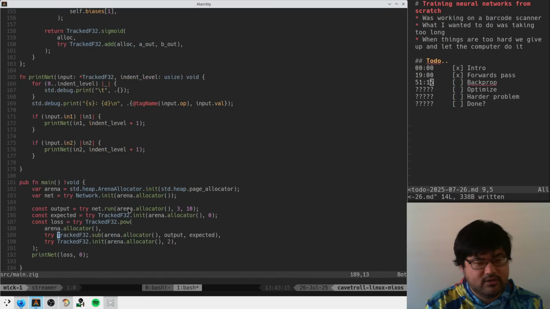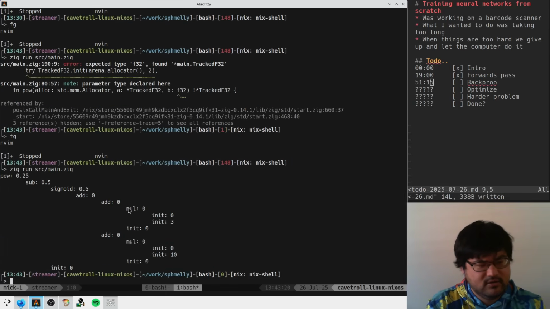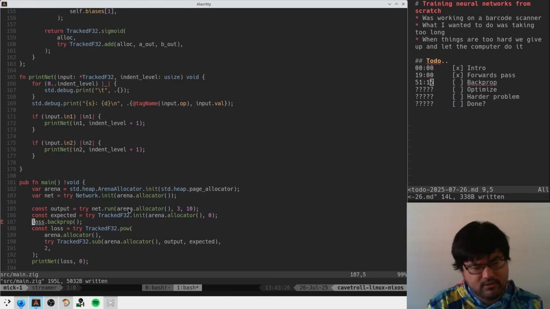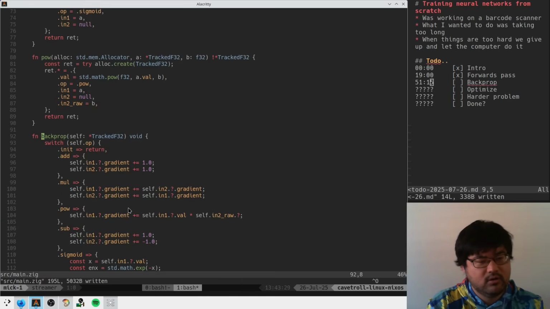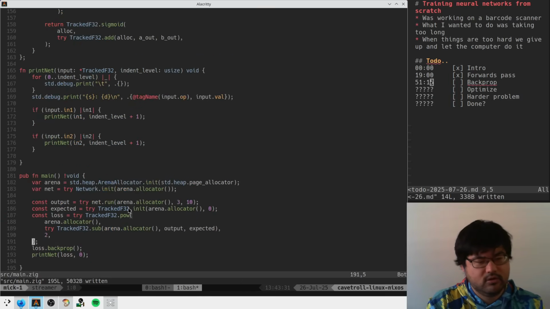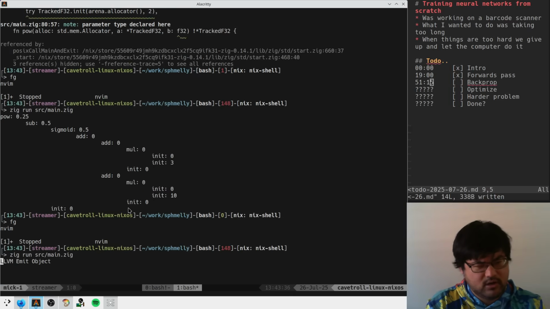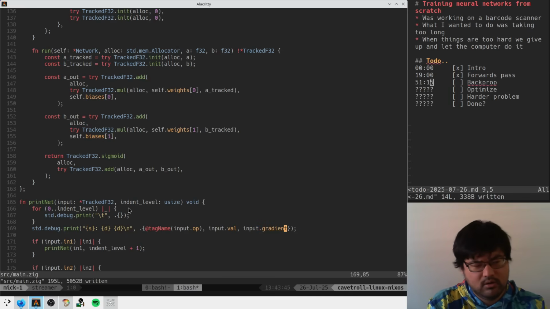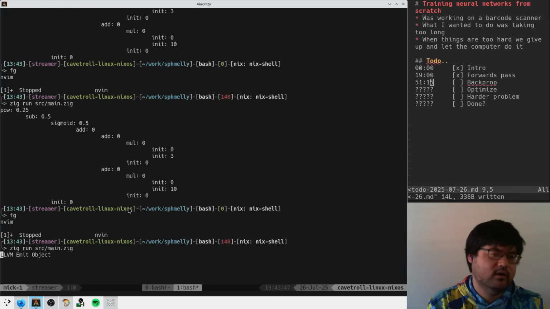Okay, so down here, this pow now can just be a 2 like this. Okay, and then can we print the backprop? And I guess for each of these things, can we print the gradient as well?